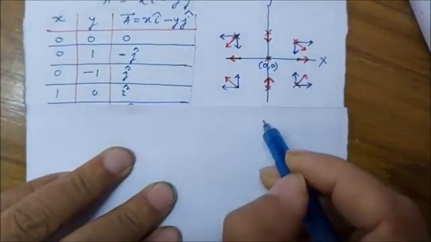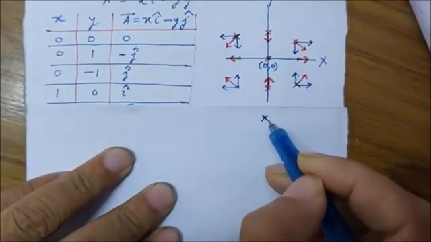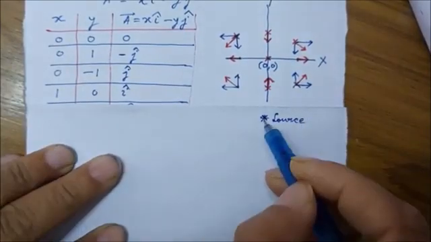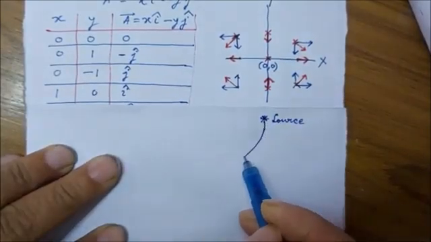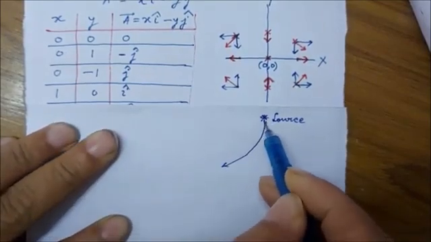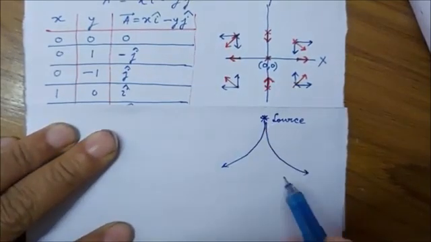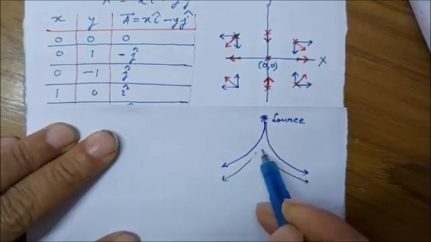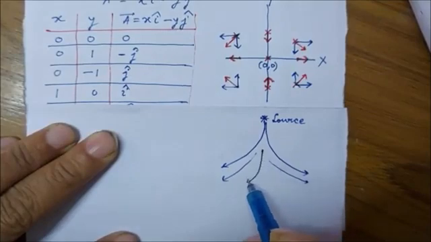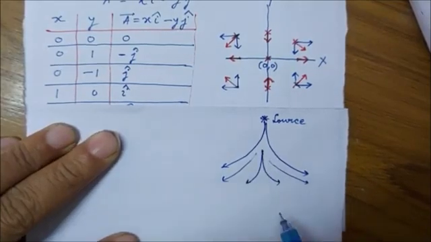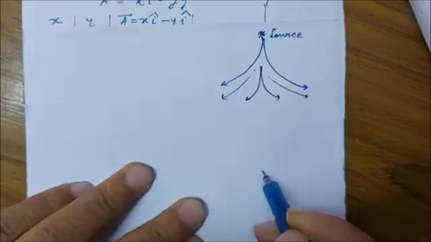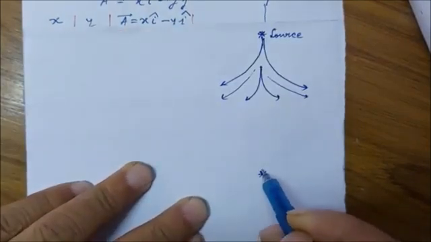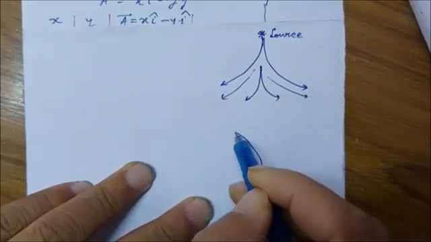The situation is therefore like this. This is a source point. So this is spreading. And similarly, here too there is a source. And things are spreading out from the source.